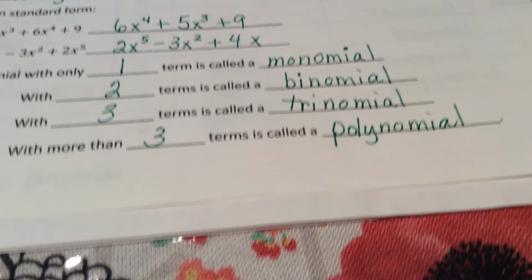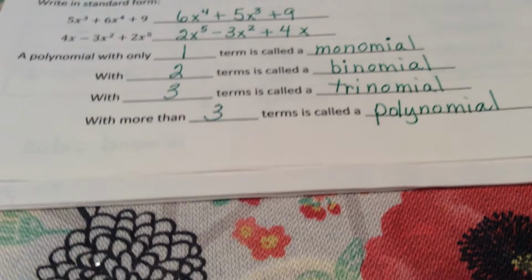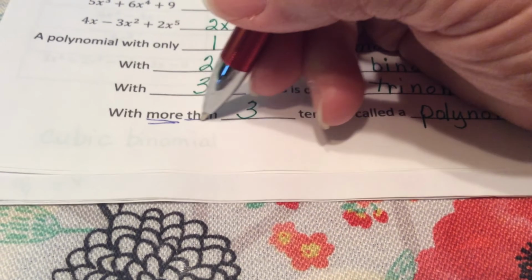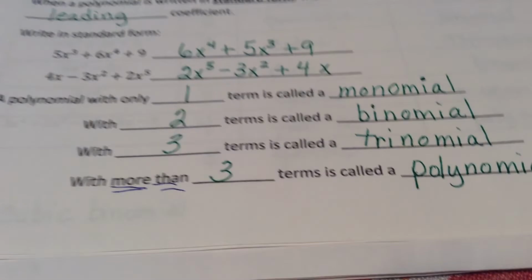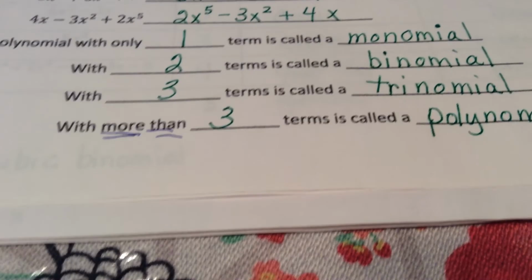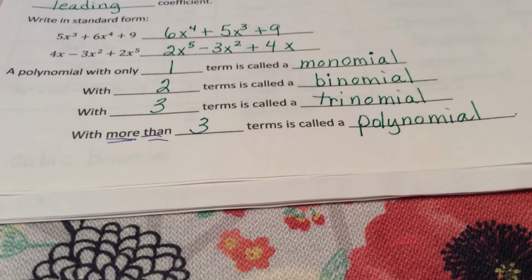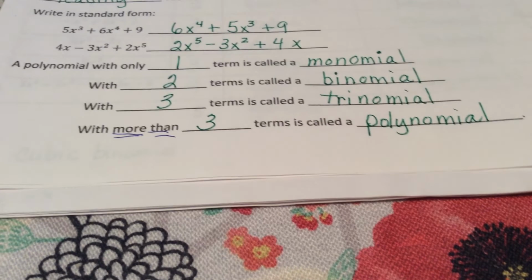After that, they gave up on trying to give them all names. If you have more than 3 terms, that means if you have 4 or 5 or 6, then it is called a polynomial. It has many terms.